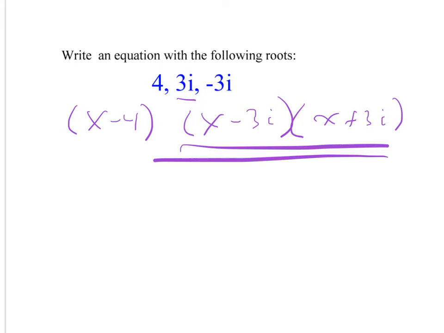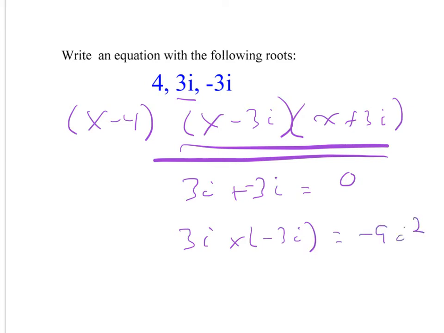So I'm going to take 3i, and I'm going to add the two roots. 3i plus negative 3i is equal to 0, and I'm going to multiply these two roots. 3i times negative 3i is equal to negative 9i squared, which of course we know by now is equal to positive 9. So now I know that the sum of my roots is 0.